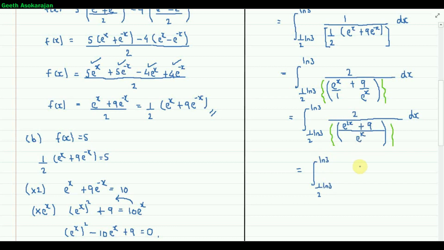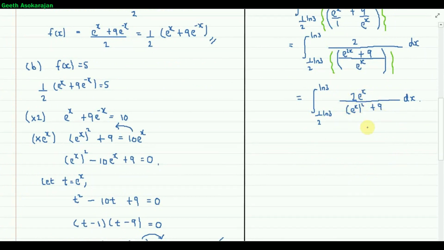This 1 over e to the x, if we take the reciprocal, will give us 2e to the x, so the e to the x in other words will come on the top, divided by, so let me be as neat as I can, e to the 2x. Now I can write that as e to the x squared plus 9, with respect to x. Whoops. So here we go, being as neat as I can.